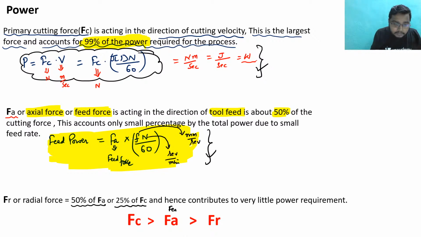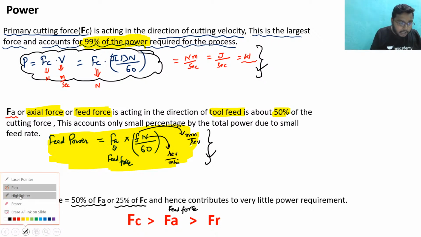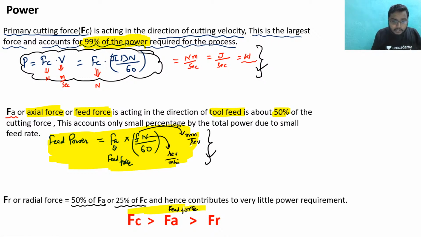Let me write it more explicitly, because in questions sometimes instead of axial force the feed force is mentioned. So you should keep in mind that always, cutting force is going to be greater, after that the axial force, and after that the radial force. So I hope these things are clear to you.